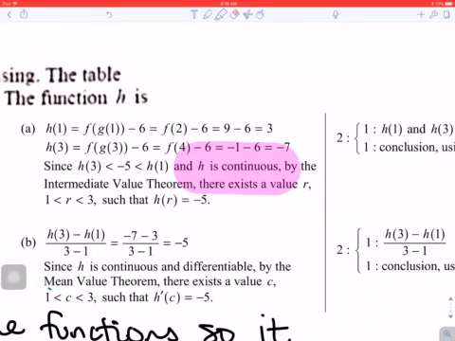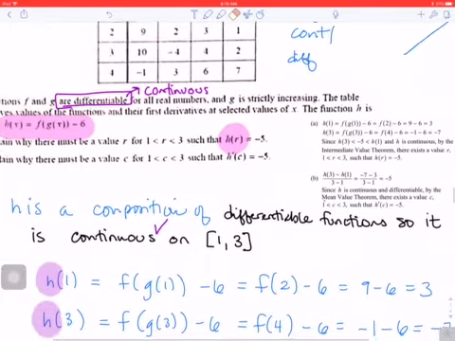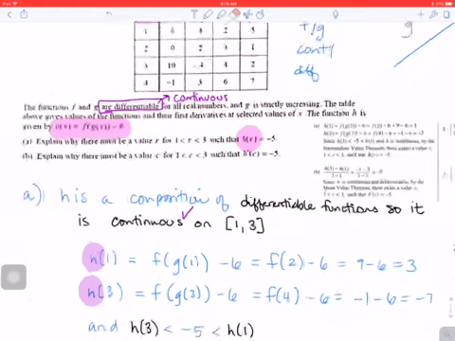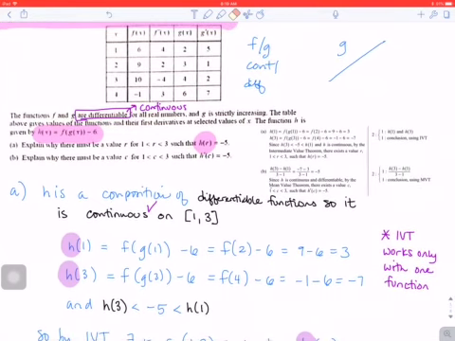So this is a situation where we have the benefit of seeing what College Board is looking for before we actually finish a question, but I would always write a little bit of thought. Maybe you don't have to. I've never seen it, but sometimes it's nice just to hedge your bets there. So h is a composition of differentiable functions, so it's continuous on the closed interval.